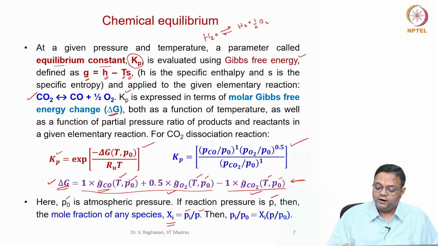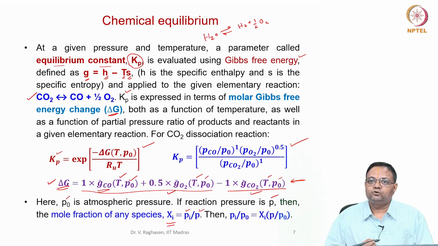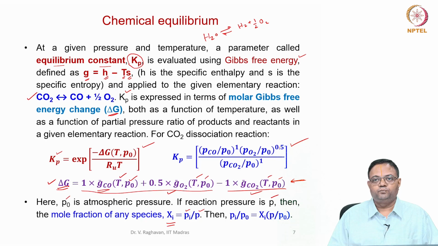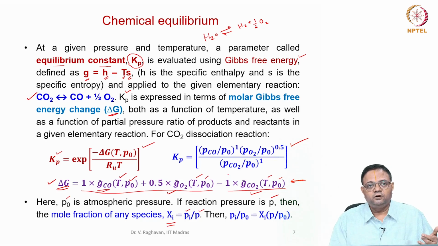So, the numerator is the product of the partial pressure to atmospheric pressure ratios, to the power of the corresponding stoichiometric coefficients of the products, divided by the same for the reactants. In this, only one reactant is there. For the dissociation reaction, the reactant is CO2. So, the partial pressure of CO2 divided by atmospheric pressure P0, to the power 1.